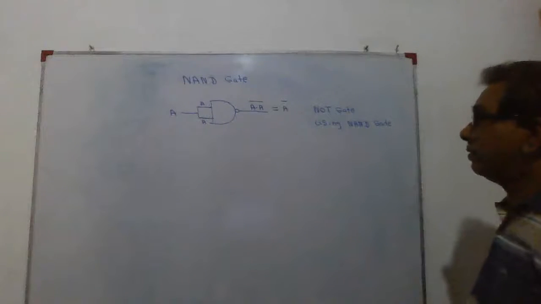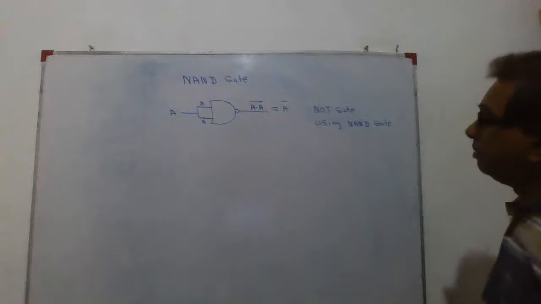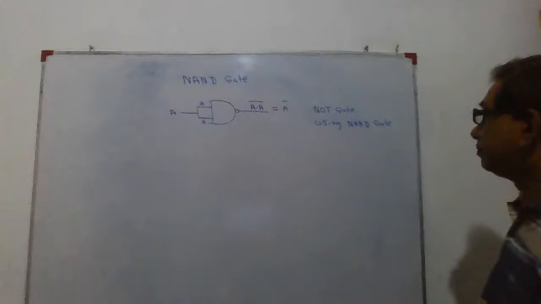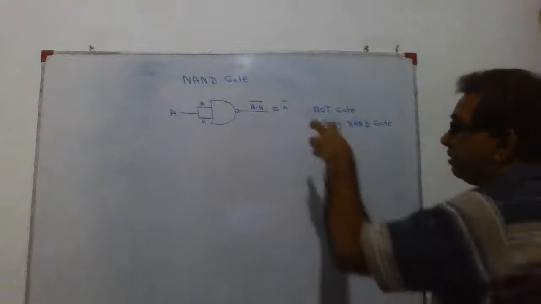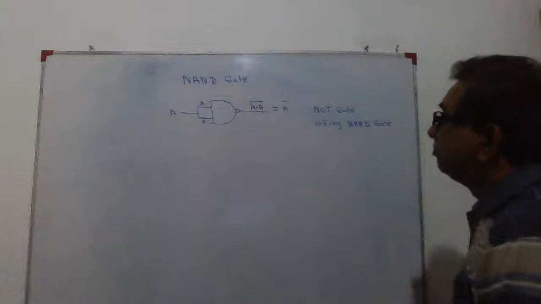Right. So the first example is NOT gate created by using NAND gate.